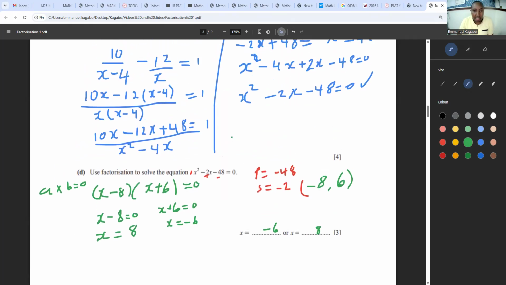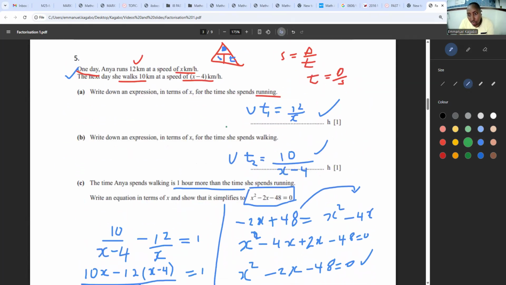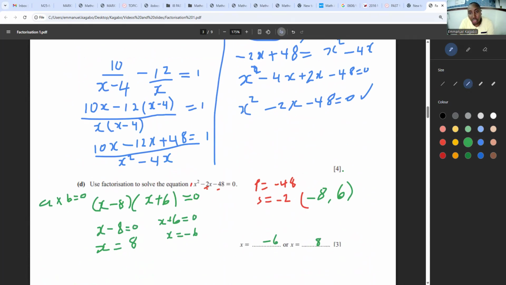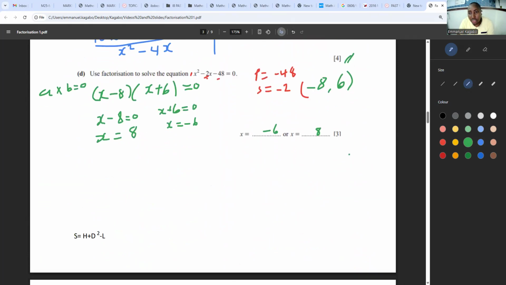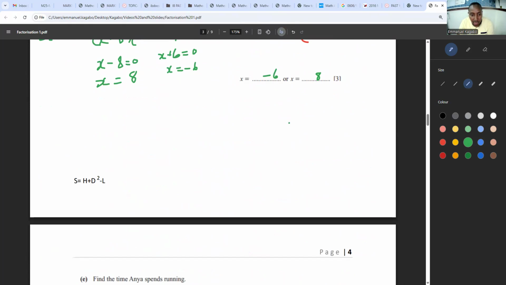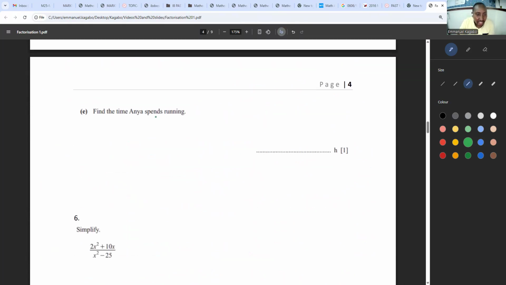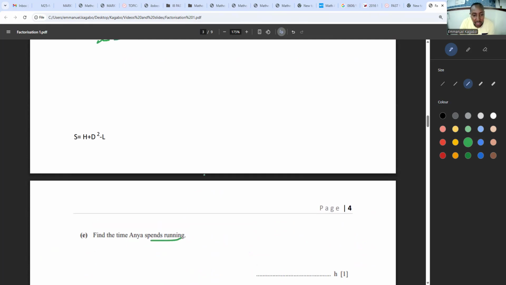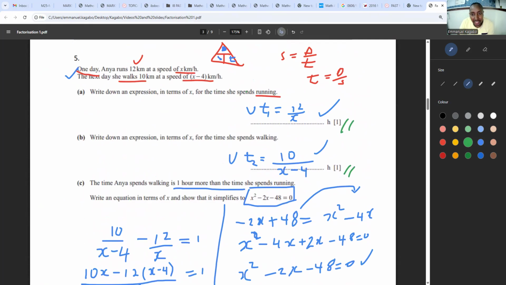How many marks was the question in total? 2 marks, 1, 2, 4, then 4 plus, that's 6. That gives you 9. Very good. Oh, we are still going. Then they said find the time spent. Okay, which one was that? It was the first one. So I have to use this, okay? Good.